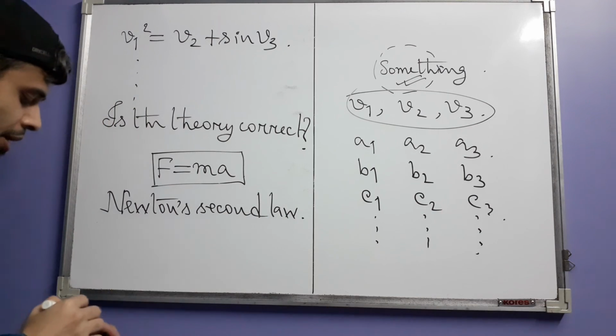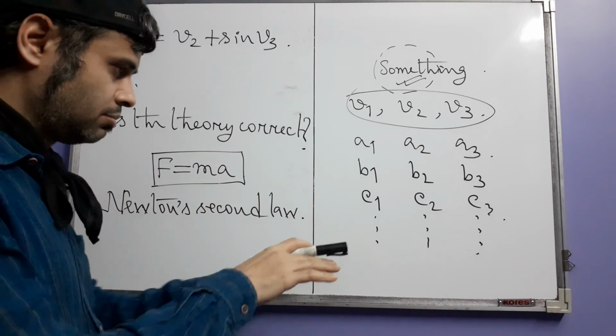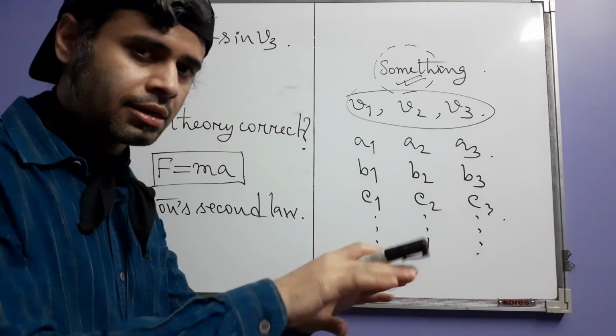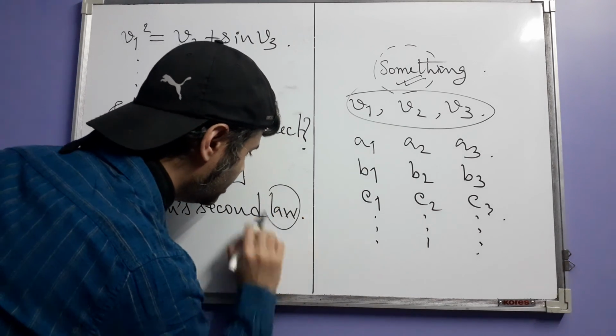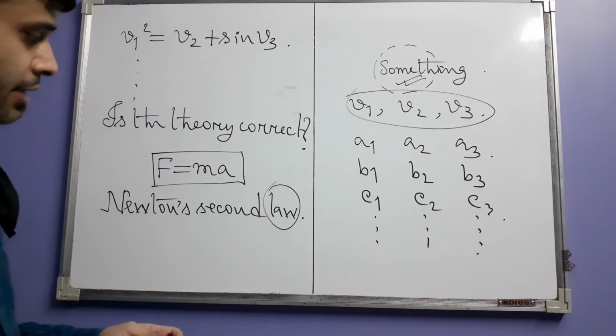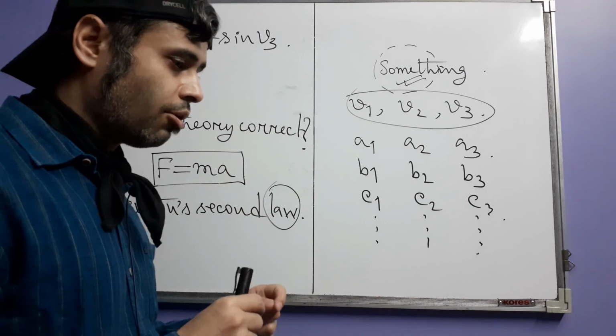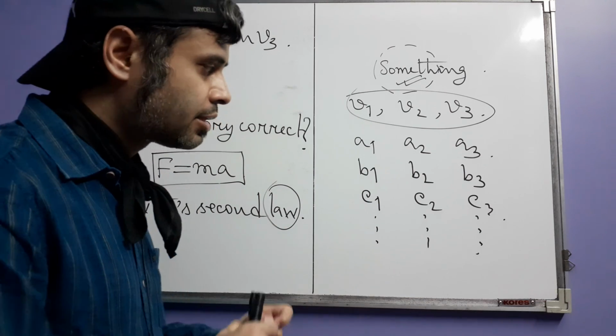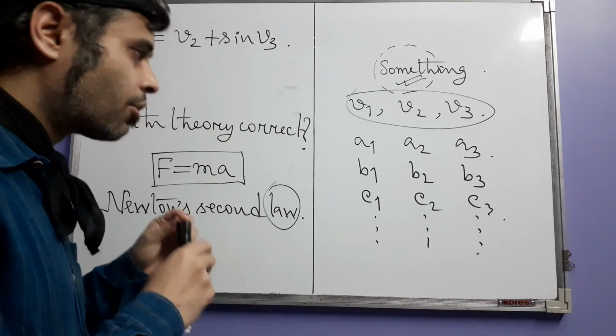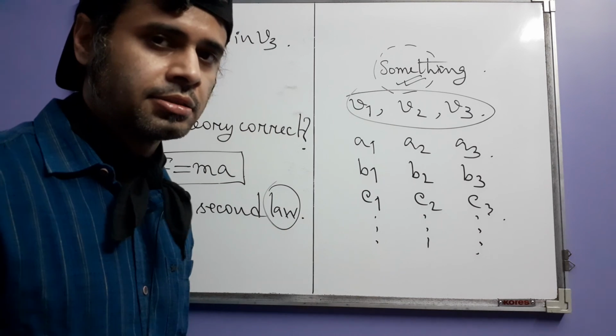And right now I am not going into the details of this and the subtleties. Law means what? Does it mean that this law is always true? Is it an absolute truth that no matter what happens, this will continue to be true in any case?